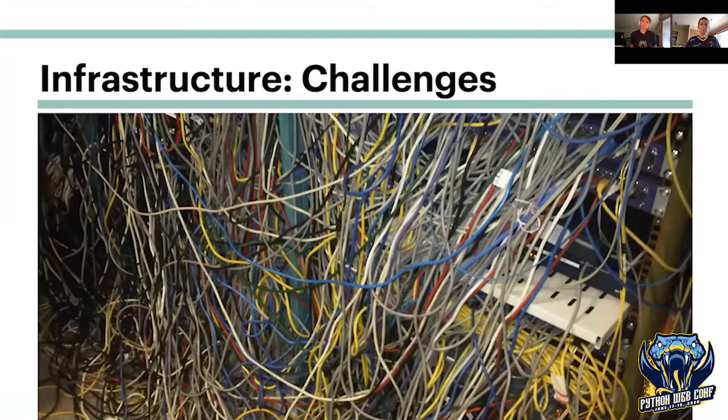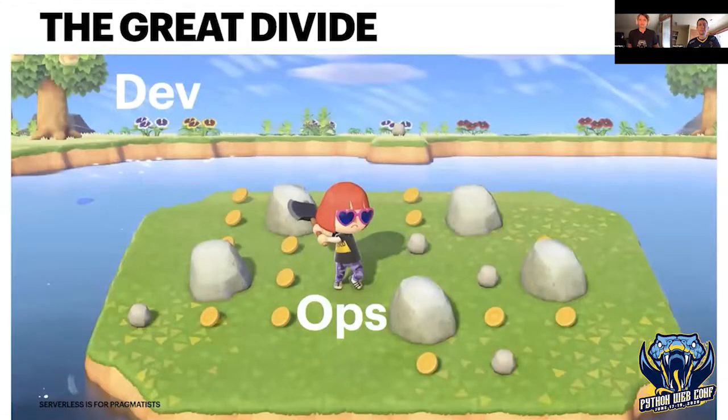And to answer why we would want to implement infrastructure as code in the first place, I feel like we need to look at the challenges inherent in managing infrastructure as it used to be before infrastructure as code. So before infrastructure as code, there was a great divide between dev or developers and ops or operations.